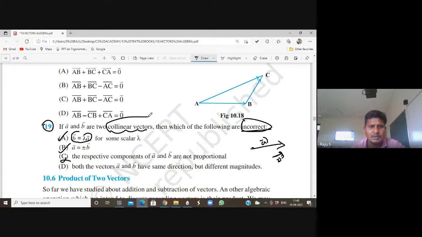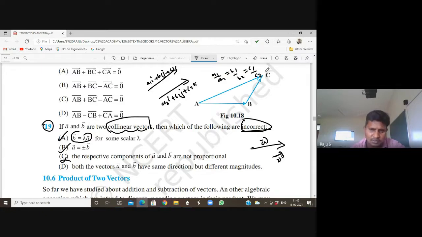Because collinear nothing but what? Parallel. Parallel nothing but what? If I take any two vectors A1i plus B1j plus C1k, this is A2i plus B2j plus C2k. When two vectors are parallel, it means A1 by A2 is equal to B1 by B2 is equal to C1 by C2. Got it? We can take like this. Okay.